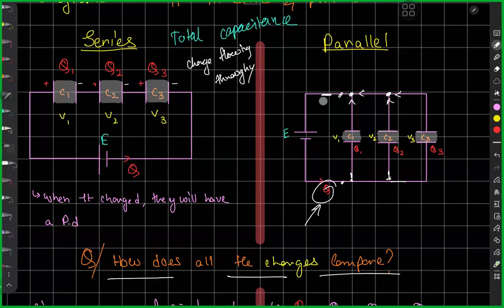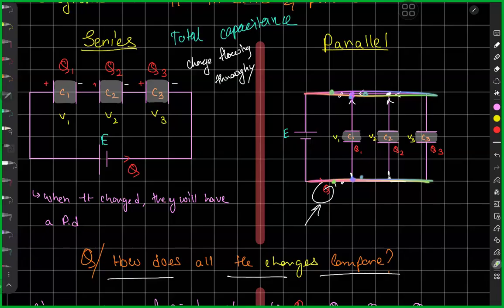So what happens in a parallel circuit is whatever EMF you supply, since everything is in parallel, it is the same potential difference across 2 points everywhere in parallel. Which is why all of these capacitors, which are arranged in parallel, will feel the same potential difference.